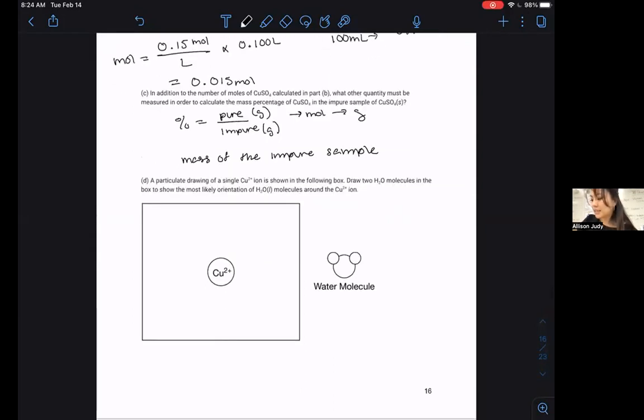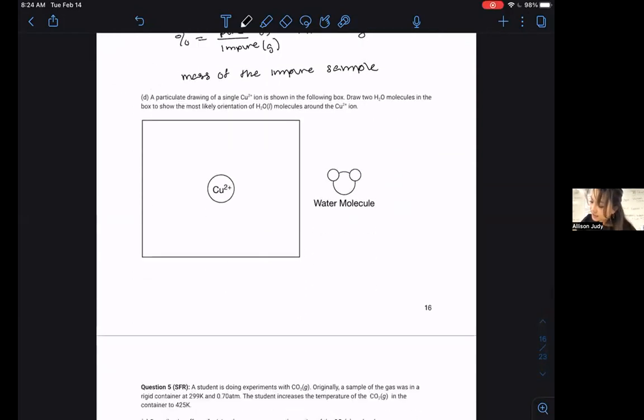Okay. And let's see, D, a particulate drawing of a single Cu2+ ion is shown below. Draw how the two water molecules would be oriented around the Cu2+ ion. So remember with particulate diagrams, nothing is a mistake.